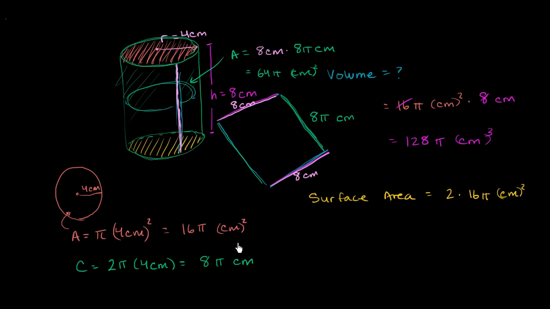So when you want the surface area of the whole thing, you have the top, you have the bottom. We already threw those there. And then you want to find the area of the thing around. We just figured that out. So it's going to be plus 64 pi centimeters squared. And now we just have to calculate it.